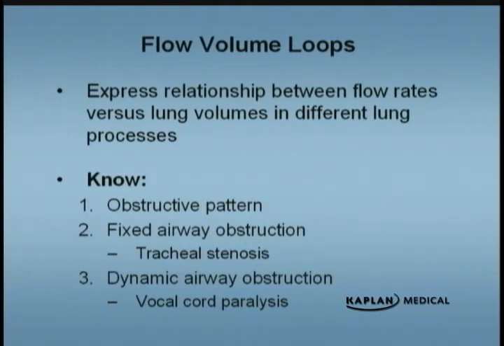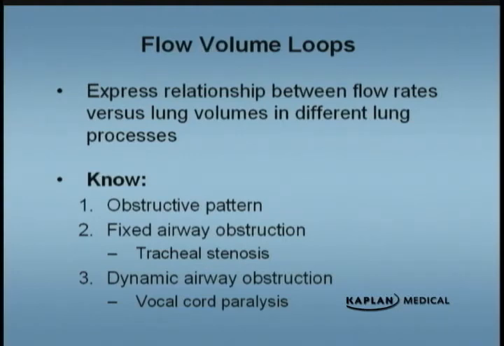So they have somebody intubated for a long time and they develop tracheal stenosis. So they can't get air in the lung, they can't get air out of the lung, they have minimal air in and out of the lung. And it looks like a box. And then sometimes they've asked, not so much in step 2, but they've asked about a dynamic obstruction.